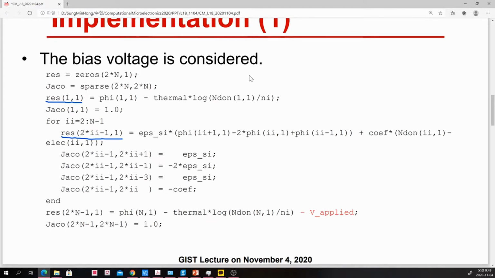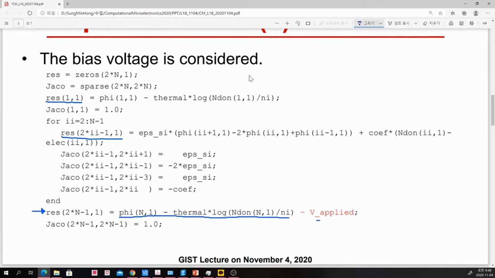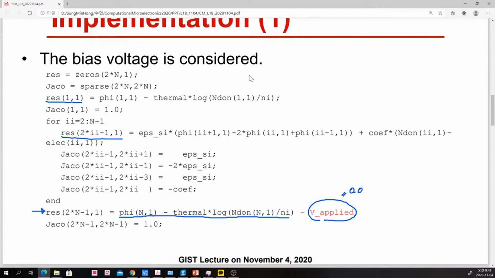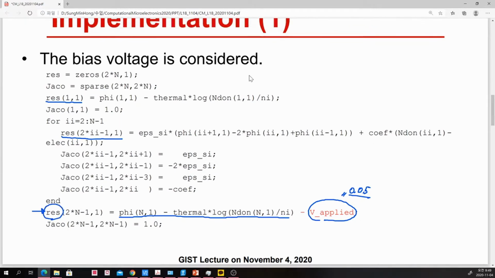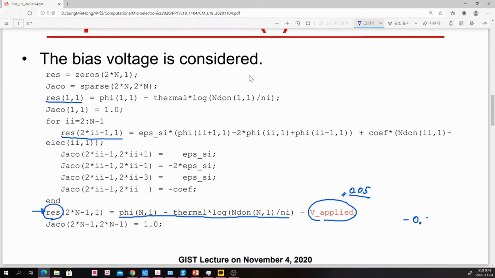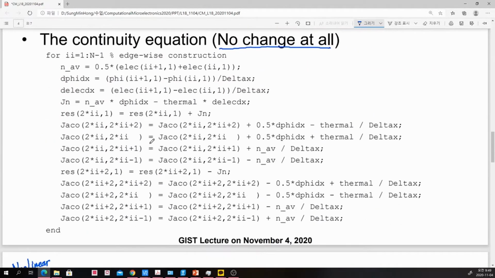But when you go to this line, previously your solution satisfied this one because your V applied was 0, but now you have 0.05. Therefore, your residue, whose index is 2n minus 1, has a value of, instead of 0, minus 0.05.